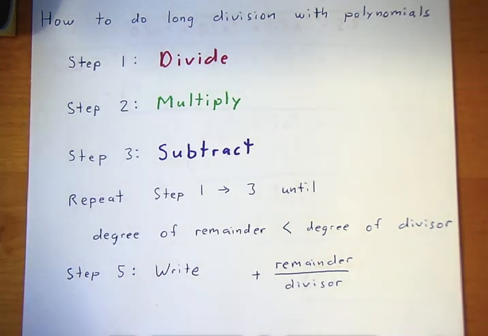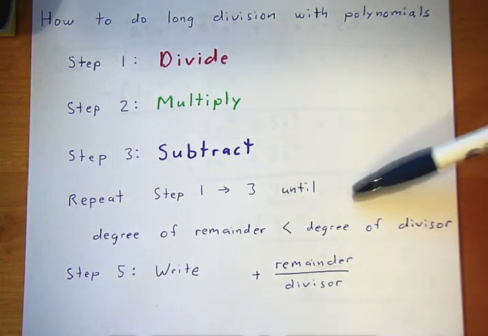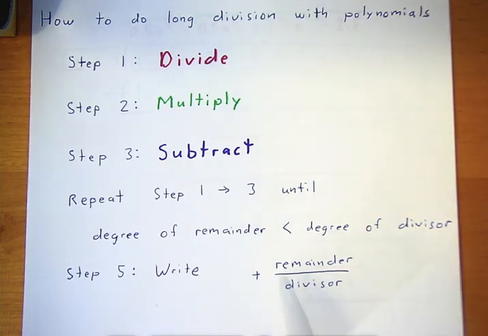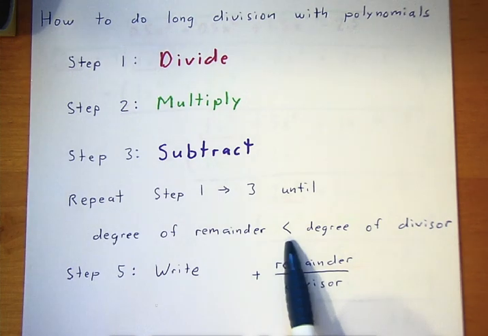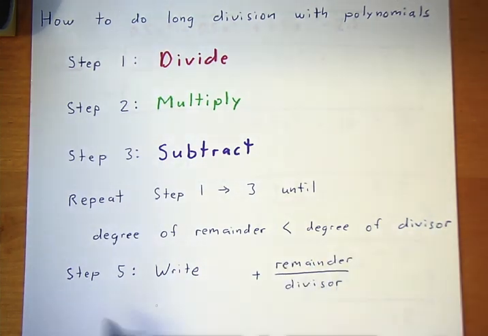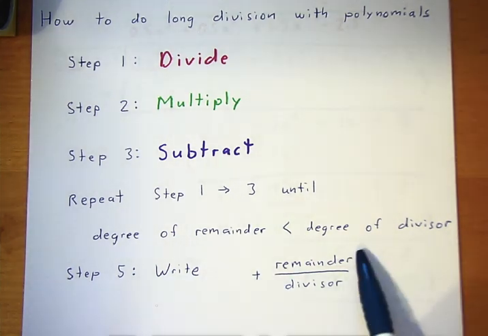Right, so we just finished this step that says repeat steps 1 through 3 until degree of remainder is smaller. That symbol means is smaller than degree of divisor. Last step, write plus remainder divided by divisor.